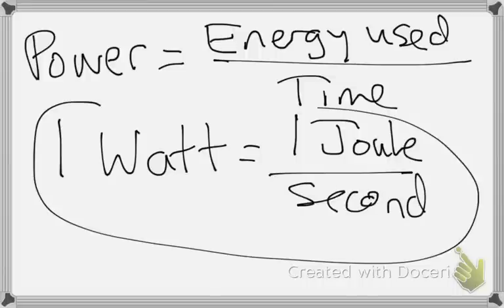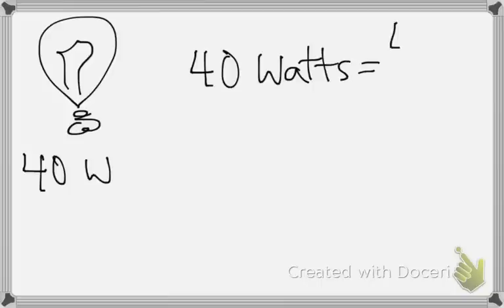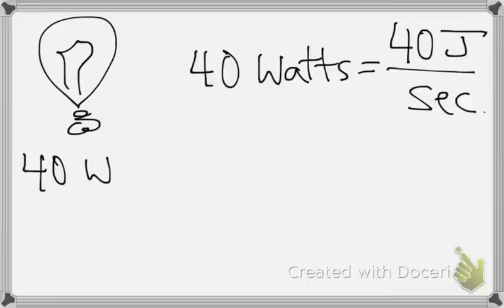Consider for a second a 40-watt light bulb. How much power is a 40-watt light bulb using? That's 40 watts. How much energy is that consuming every second? Well, 40 watts means that every second 40 joules of energy are being consumed.